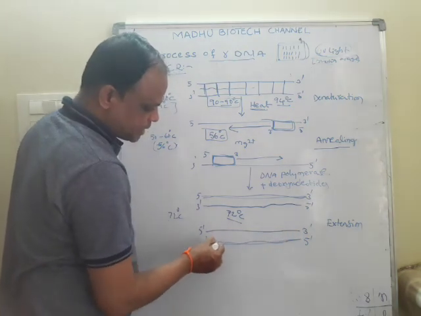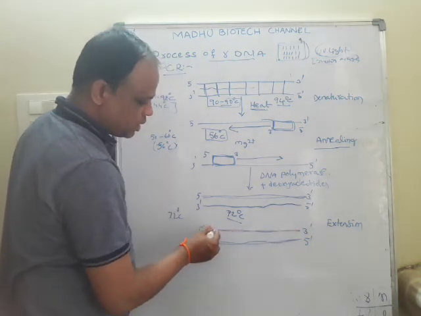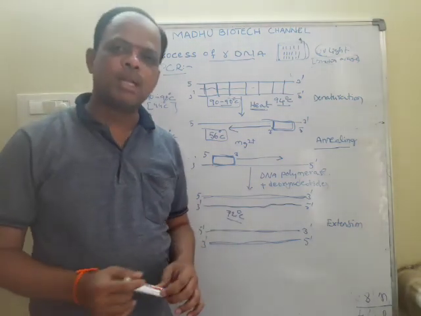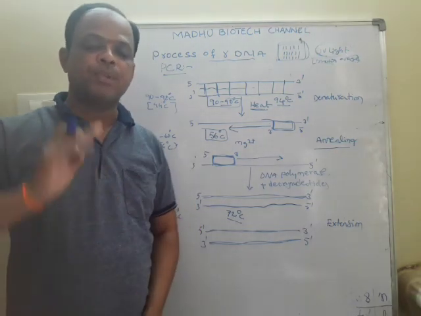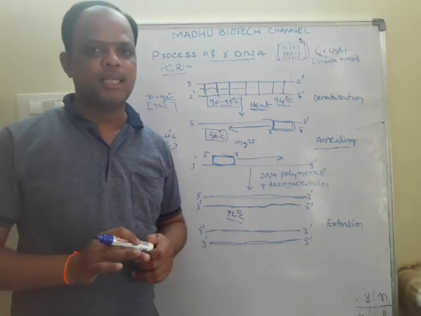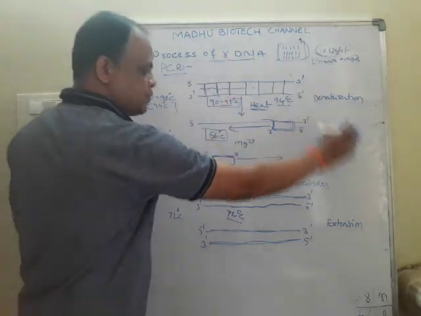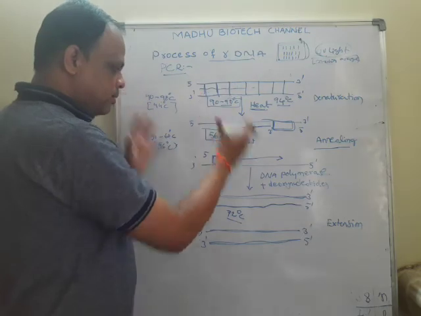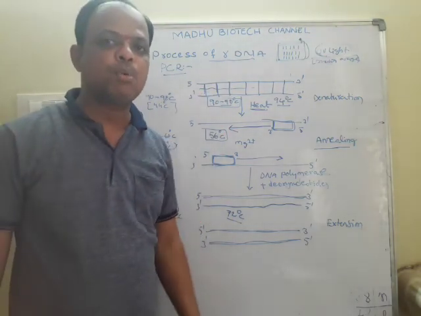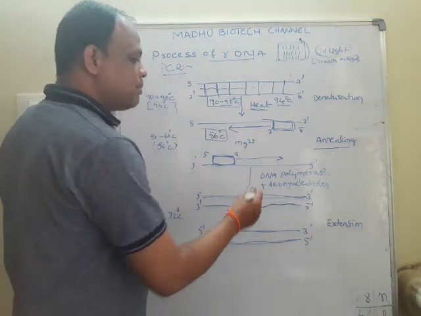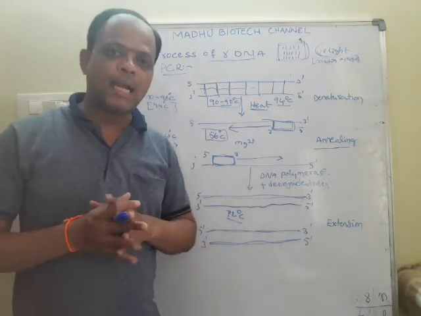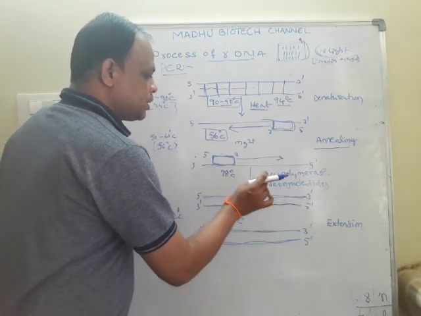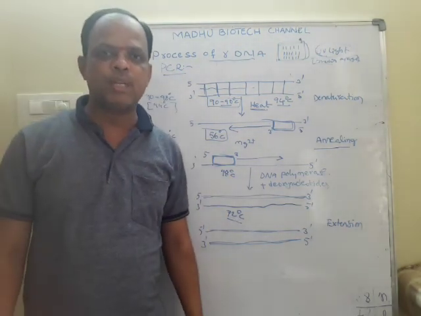So this is amplification, the PCR technique. The Taq polymerase enzyme is isolated from the Thermus aquaticus bacterium. All this process is carried out in a specific machine called a thermocycler. The enzyme is resistant to high temperature, and even at 98 degrees centigrade Taq polymerase is very active.